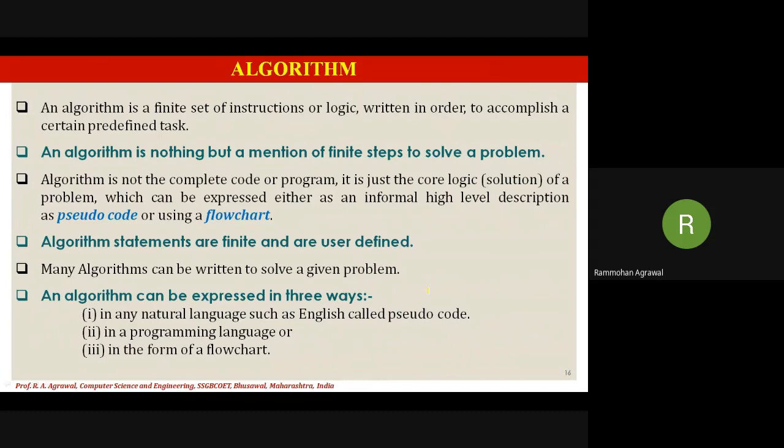First step will be start, second step identify the formula for the area of a circle, third step identify the value of pi, then take the value of radius as input, then compute the radius square, and then finally the answer: area of a circle equals pi multiplied by r square. So if I take this, I require 6 steps.